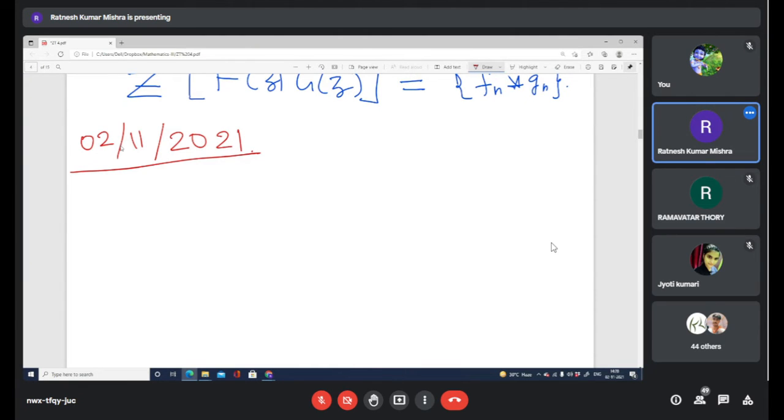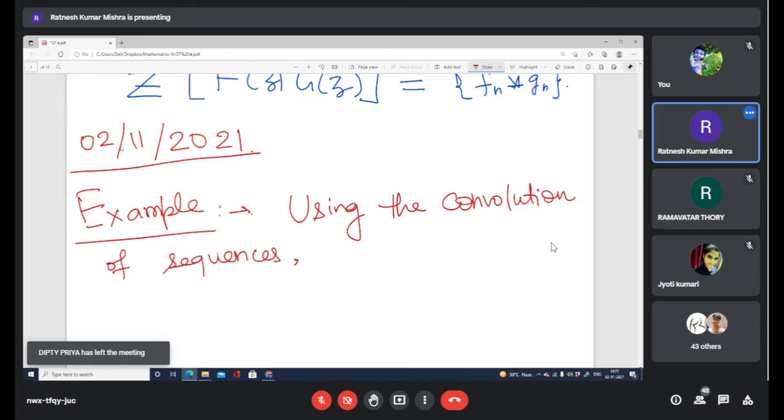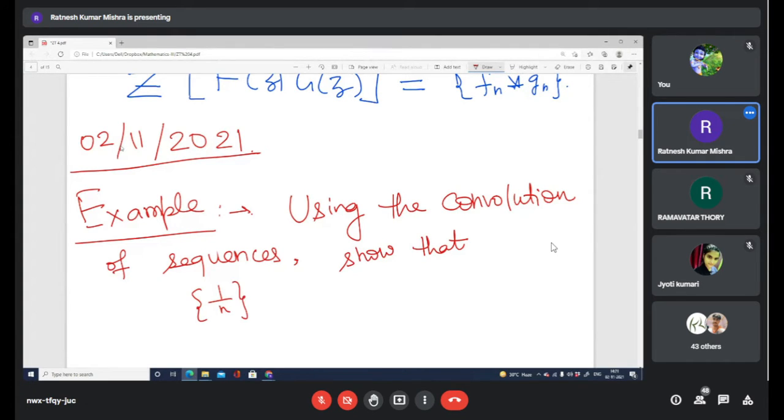Okay. So now example. Using the convolution of sequences, prove that the sum of 1 by k factorial times 1 by (n minus k) factorial equals 2 power n by factorial n.